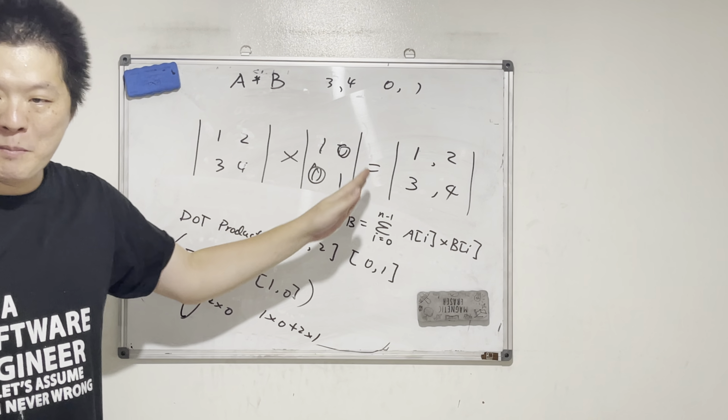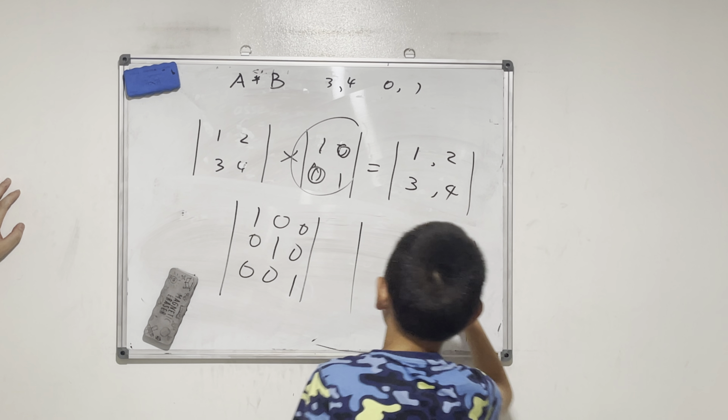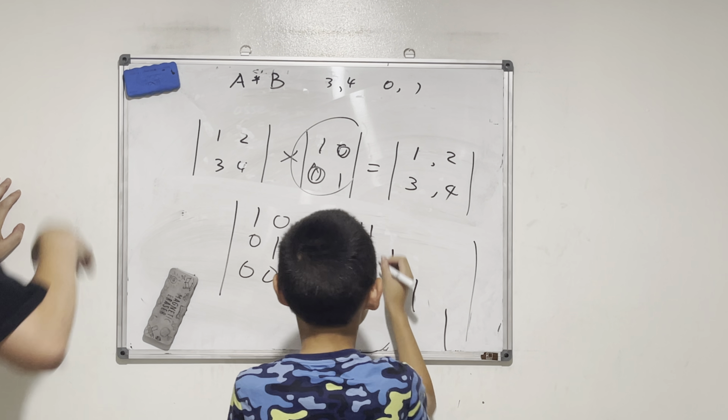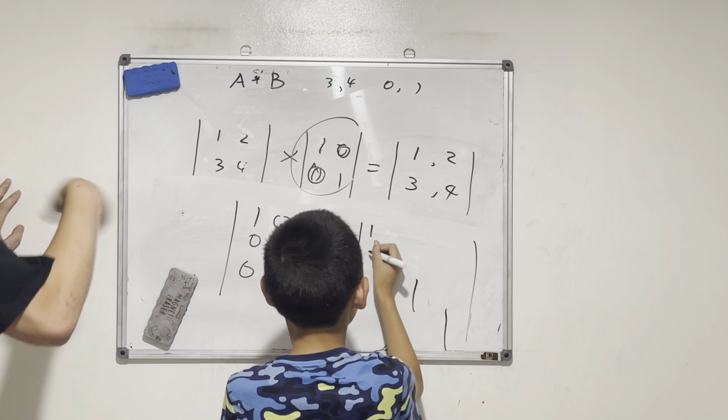Can you write the 4 times 4 identity matrix? 1s on the diagonal and all others 0. We normally use I to represent the identity matrix.